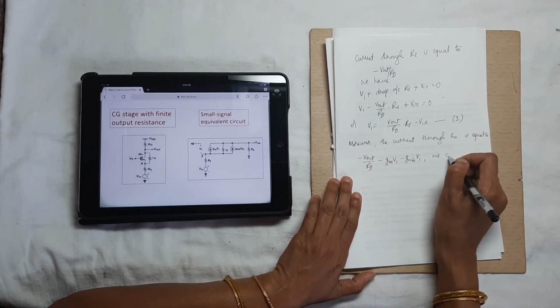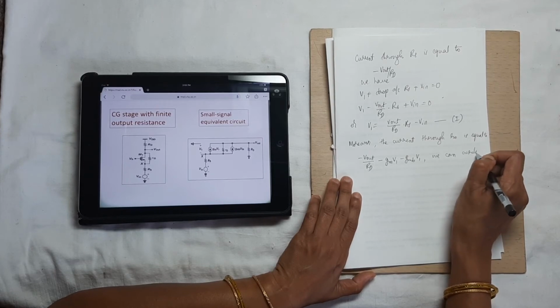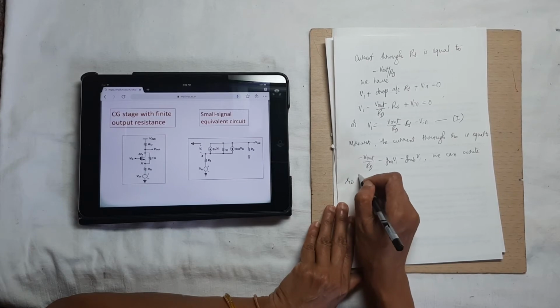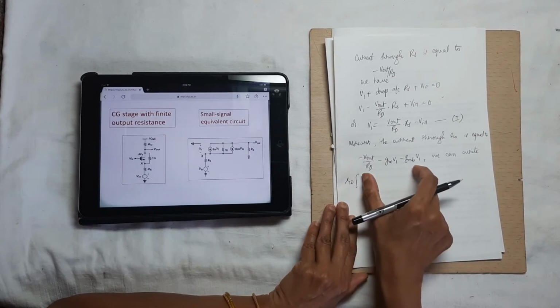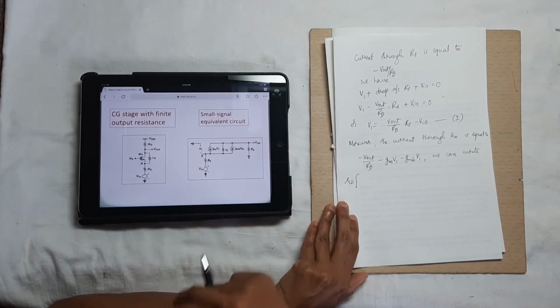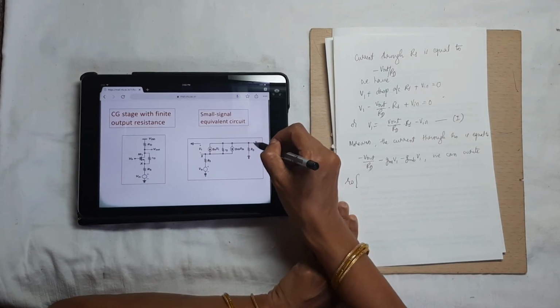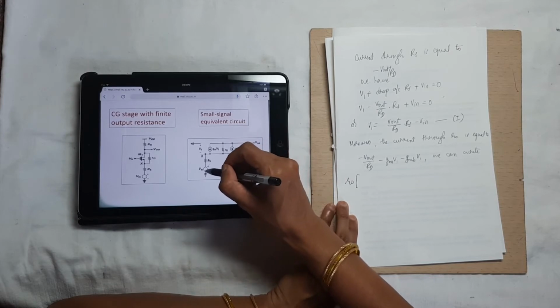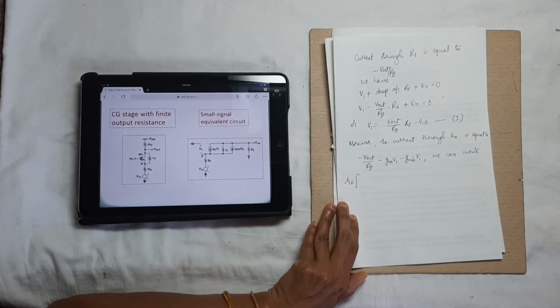So now we can write RO into bracket. This current will give you the drop across this, plus this drop, plus V in will give you the total output voltage V out. So we are taking V out between this point and the ground. This drop plus V in is equal to V out.